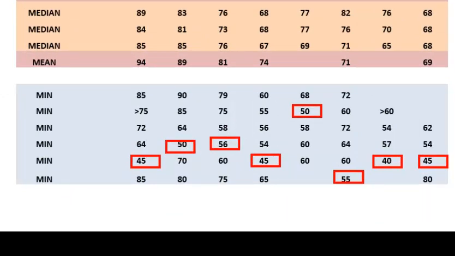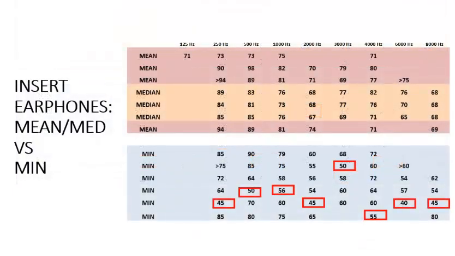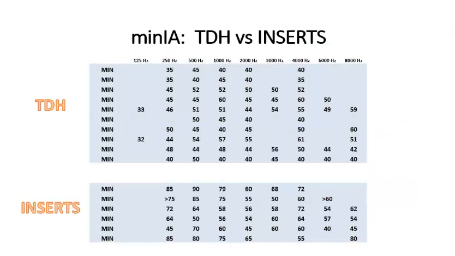We can see that the values range between 45 and 55 dB depending on the frequency. So overall, our min-IA values for insert earphones are about 10 dB higher than they were for the TDH style supraaural headphones. And just generally speaking, we see that TDH have lower min-IA values than the insert phones.